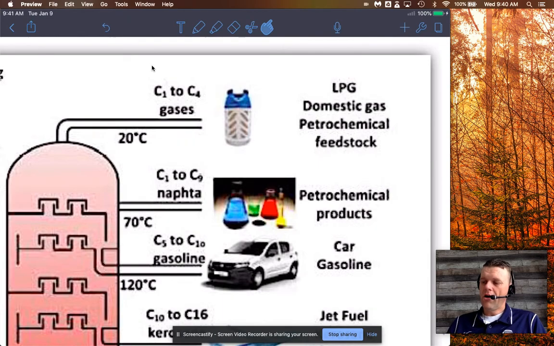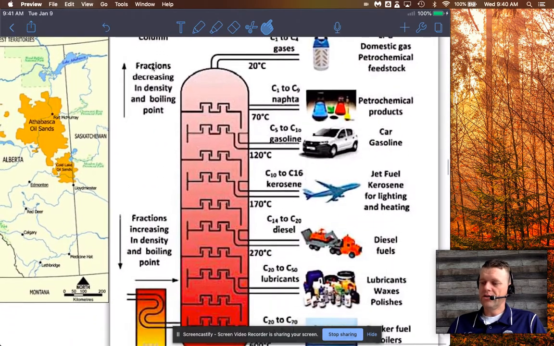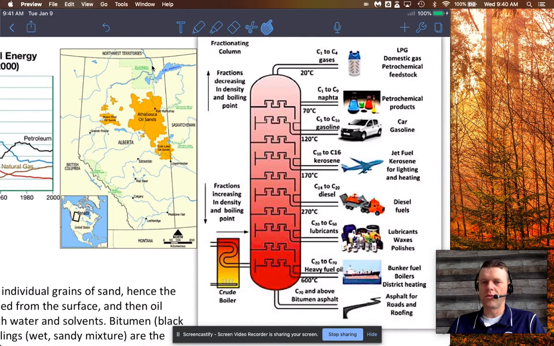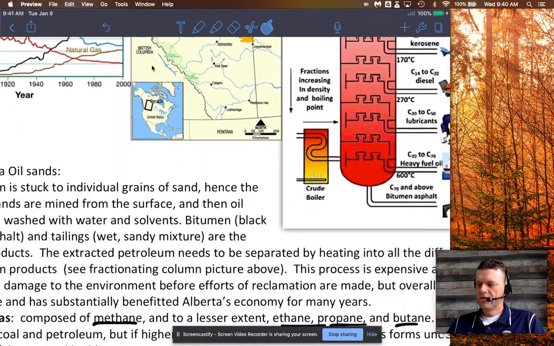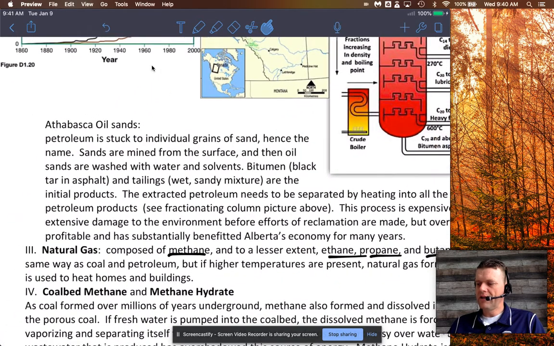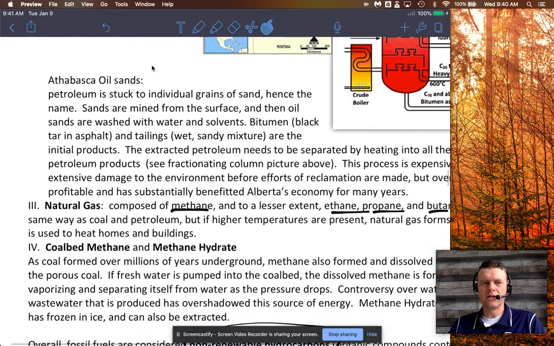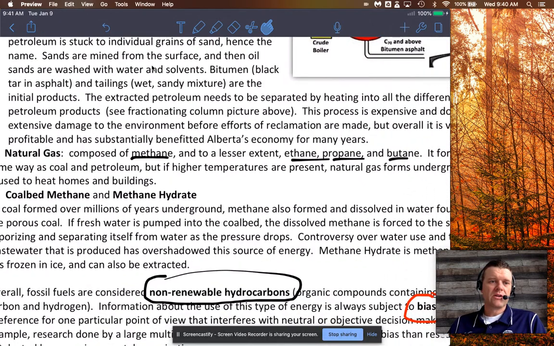So all of that comes from crude oil, and it is no surprise that that's why we are so hungry for oil. Like so much of our lifestyle and products we buy, things we build our homes out of, come from this stuff. So I kind of highlighted that here in this little compression of what goes on in the oil sands. I did mention natural gas.